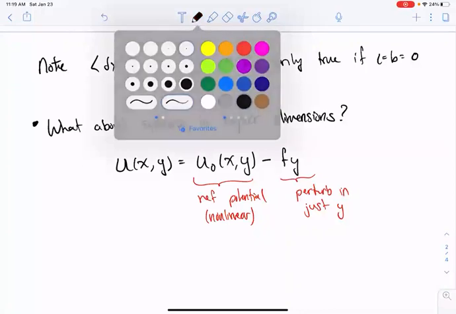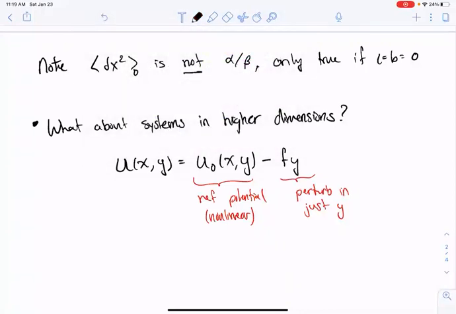Take a moment to take a guess. If we have a high dimensional system and we push along just one of those dimensions, these are Cartesian coordinates, x and y are in a geometric sense orthogonal to each other. Does that imply that their statistics are independent? That if we push on one, we don't affect a change in the other?